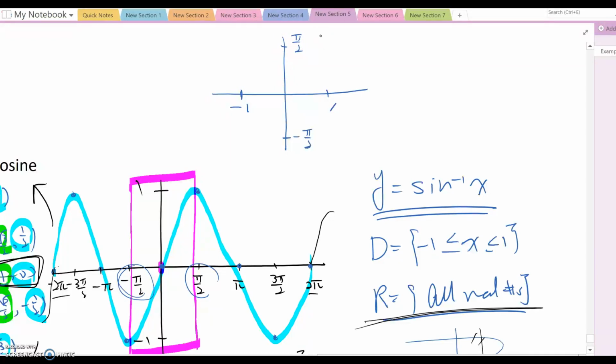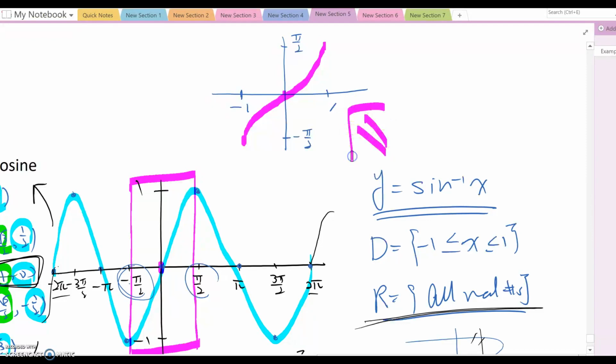Whenever we do an inverse function, we can use the original sine x graph and find the values. When x was negative pi over 2, it was negative 1, so it corresponds right here, and then pi over 2 and 1, and then 0 and 0. So I can conjecture the graph looks like this. Okay, so that is the sine inverse x graph.